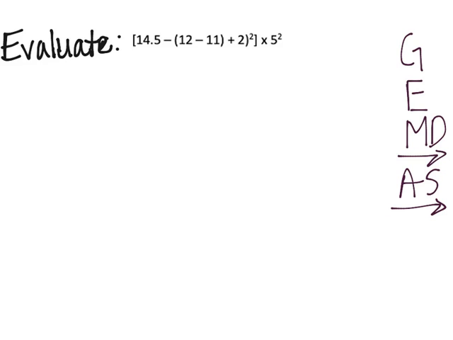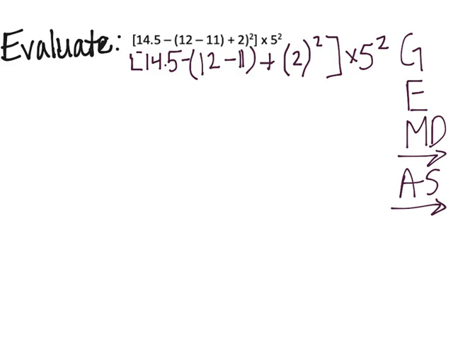As I look at this, Ms. Bryce must have typed this in a funky way because I don't need that. So we're going to make that just a beautiful 2 all by itself. Sorry if that's confusing. I'm just going to rewrite it. Let's do that. Alrighty, teammates. So what we have is this just needed to be its own bracket.